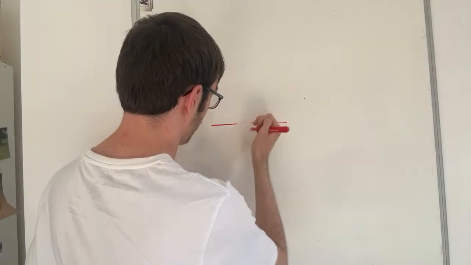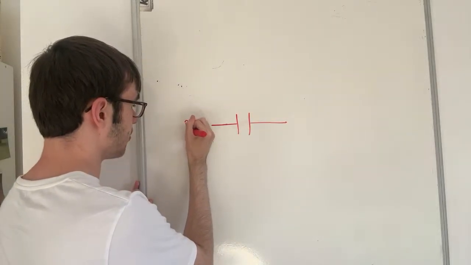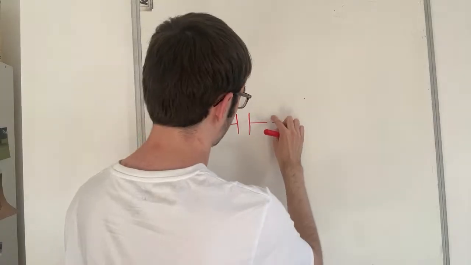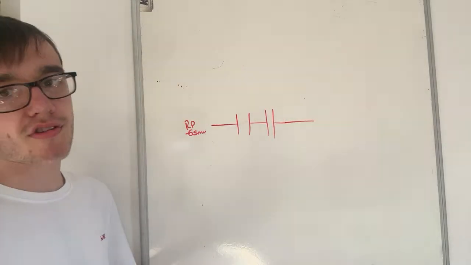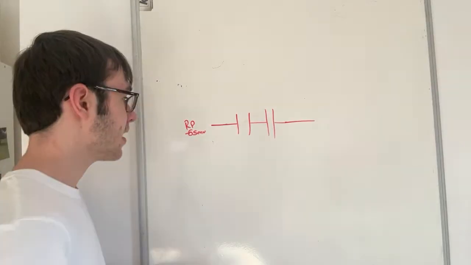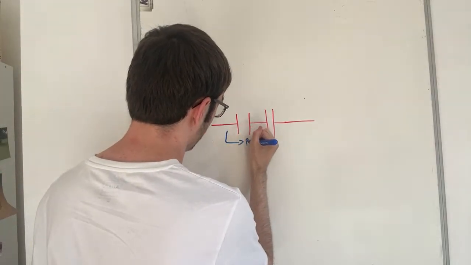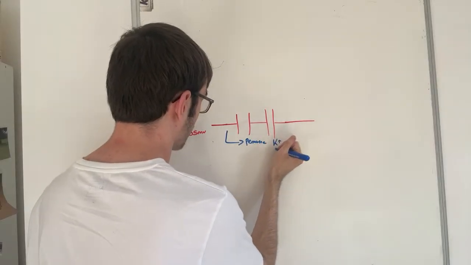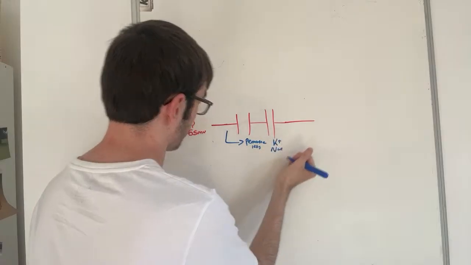This is where you have your resting potential of minus 65 millivolts, and it's maintained in 3 ways. The number one thing that you can say to easily get a mark is that the membrane is more permeable to potassium ions, less permeable to sodium ions.